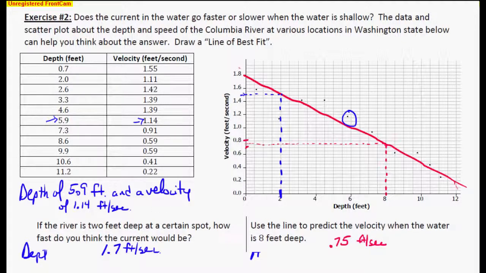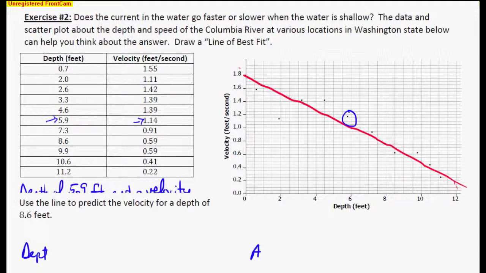All right, so again, using that line, let's turn that one off, and let's take the last question here. Use the line to predict the velocity for a depth of 8.6 feet. Wow, 8.6 feet. Again, 8.6. Let's see, these are going by 0.25s. All right, so I'm looking for 8.6 would be approximately right there. And I'm going to go up until I hit the line.